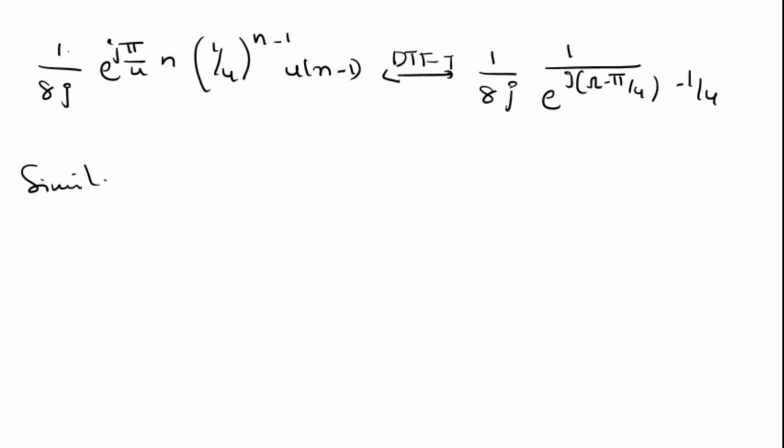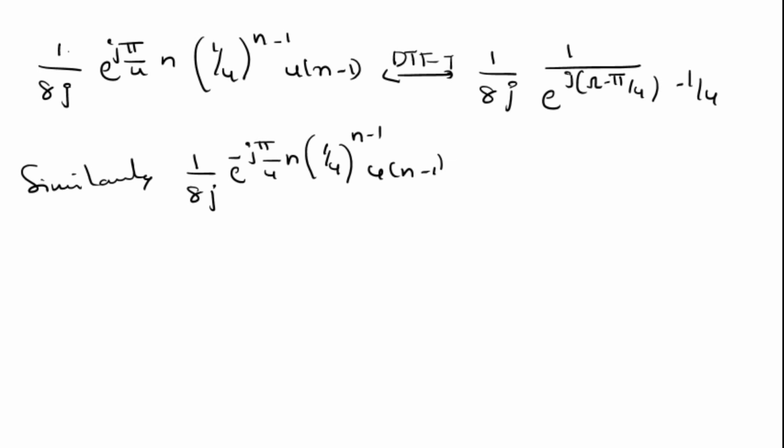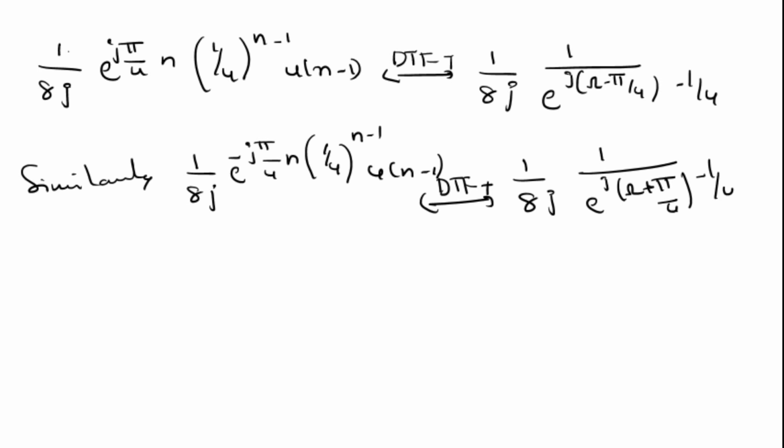Similarly, 1 by 8j e^(minus j pi by 4 n) (1 by 4)^(n minus 1) u of n minus 1. If we take DTFT, we get 1 by 8j into 1 divided by e^(j (omega plus pi by 4)) minus 1 by 4.